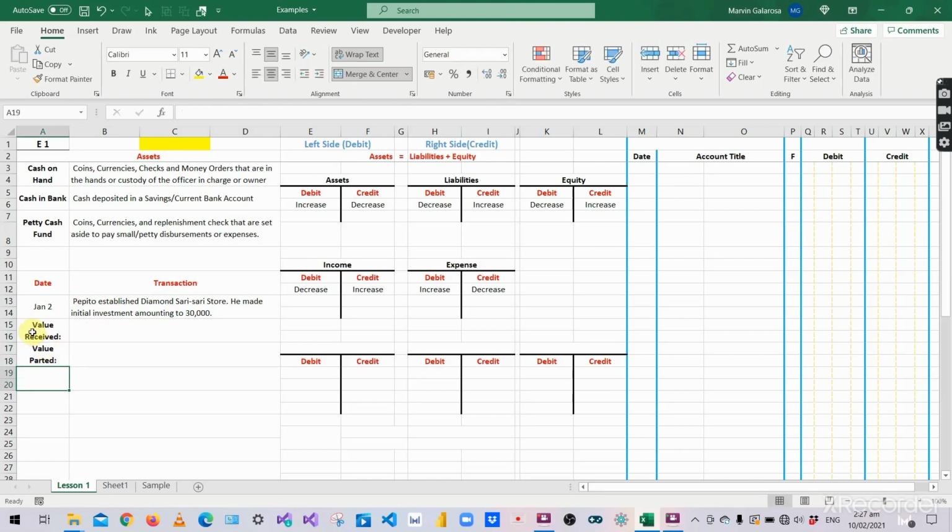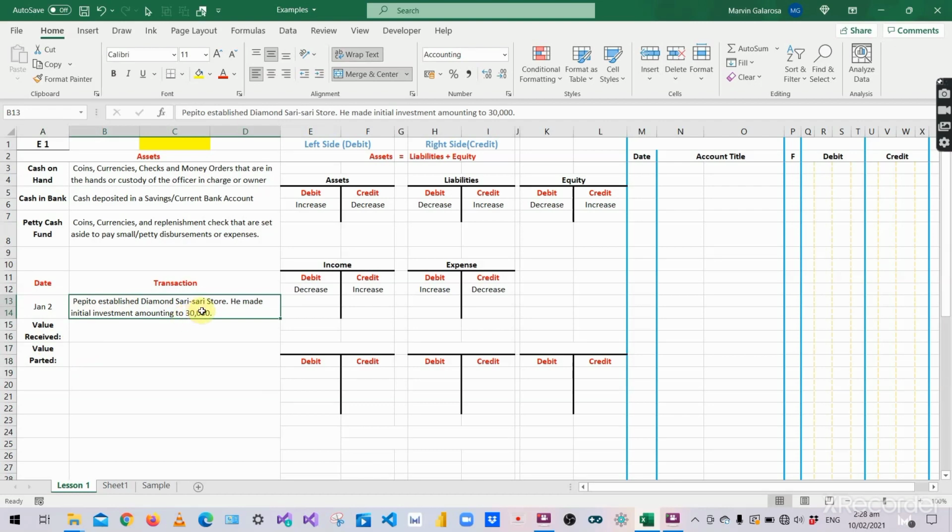Sa pagdetermine ng value received and value parted, ang palagi natin gagamitin na point of view is yung point of view ng business. So, para sa January 2, yun ay si Diamond Sari-Sari Store, hindi si Pepito. Since yung business considered siya as a separate entity apart from the owner. Ang transactions na i-record mo sa books is mga transactions ni business.